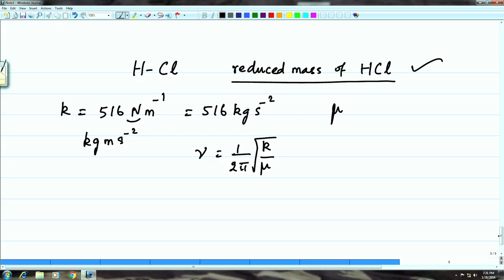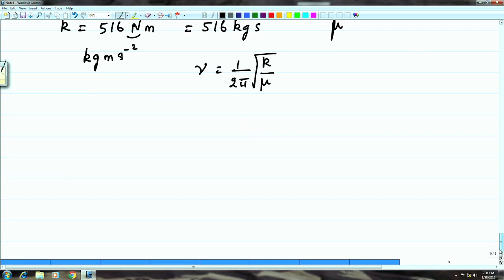For the reduced mass in a simple calculation, you assume 35.45 for the atomic mass. So, we will call it the chlorine 35 isotope and H is 1. Therefore, you are talking about the reduced mass as 1 times 35.45 divided by m1 plus m2, which is 36.45.